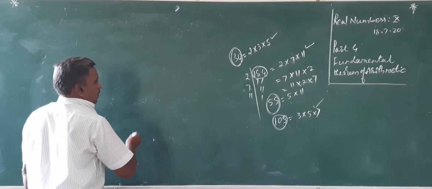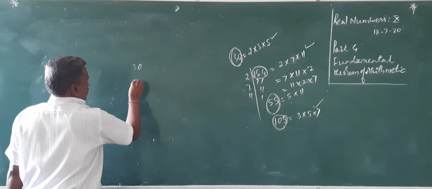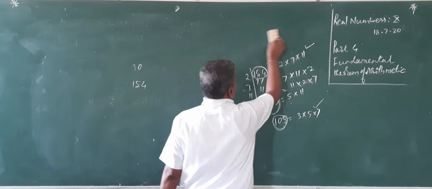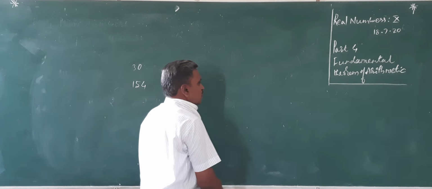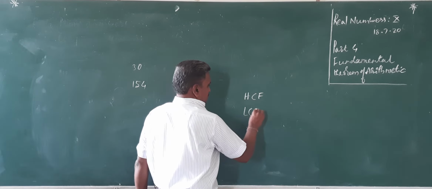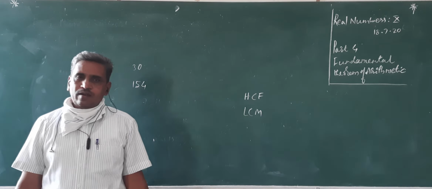So now 30 and 154. An example from this we are going to continue. So what is the LCM? Already in lower class you have studied so much, very well.